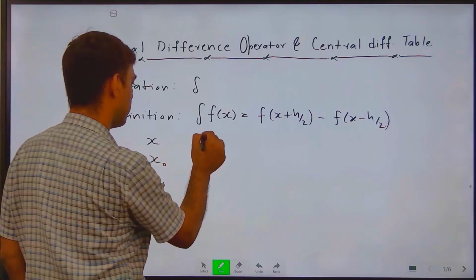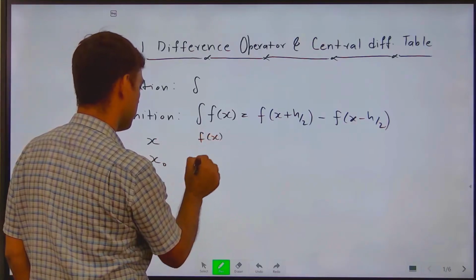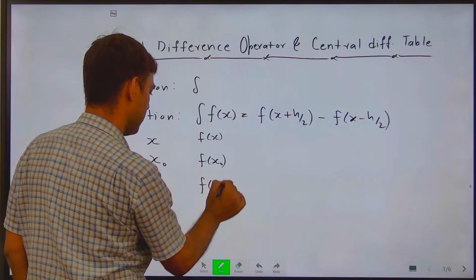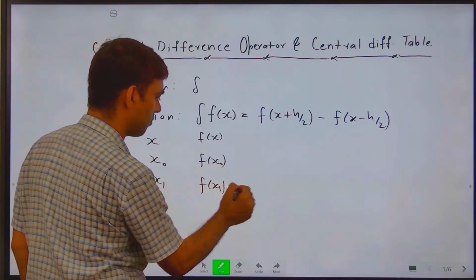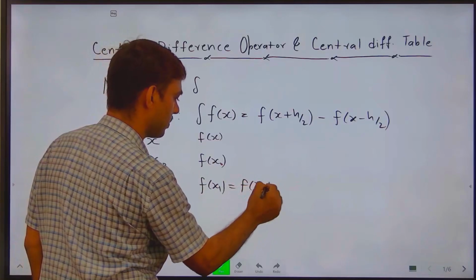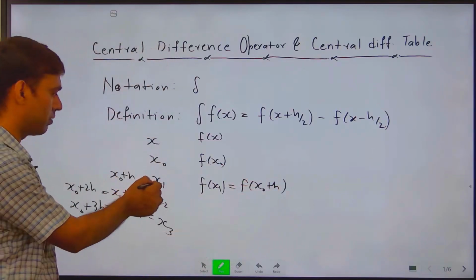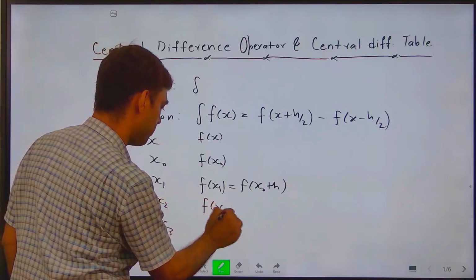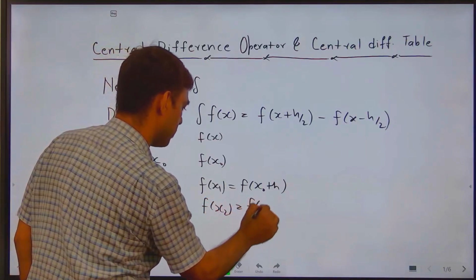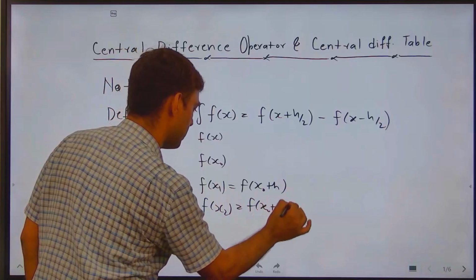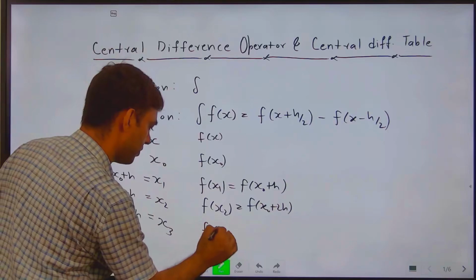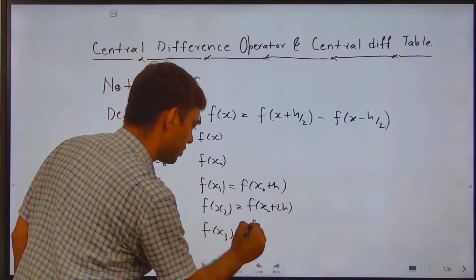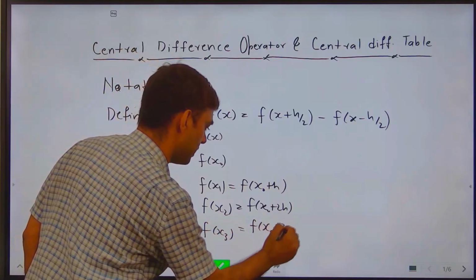So here, f(x) is f(x0), f(x1), and you may also write f(x0 plus h), because the value of x1 is x0 plus h. Similarly f(x2) equals f(x0 plus 2h), and f(x3) equals f(x0 plus 3h).